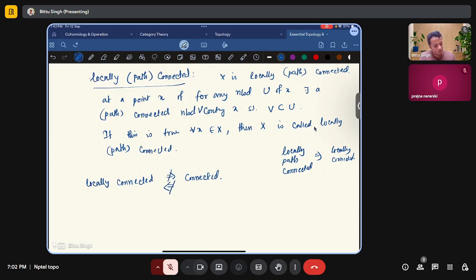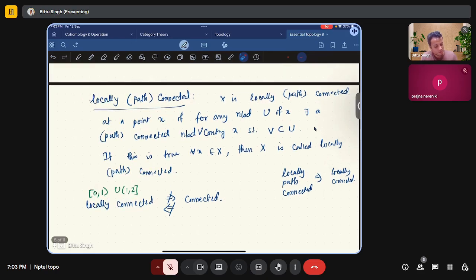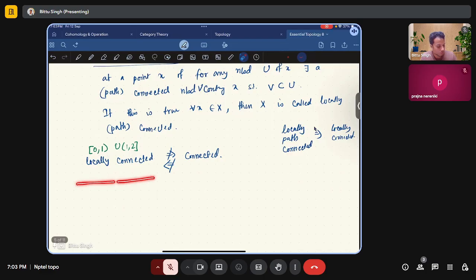How can we see this? For example, if we take 0 1 union 1 2, we have already seen that this is not connected. The interval is broken into two disjoint open intervals as a subspace. So this is not connected, but it is locally connected. This is 0 1, this is 1 2.